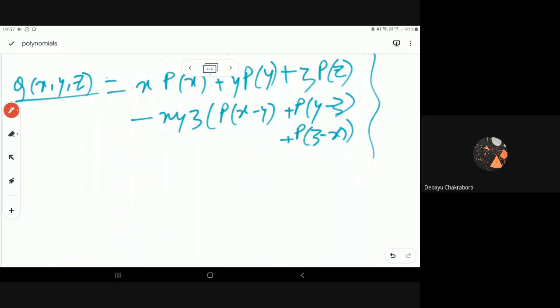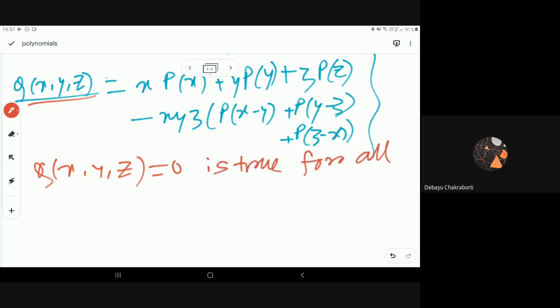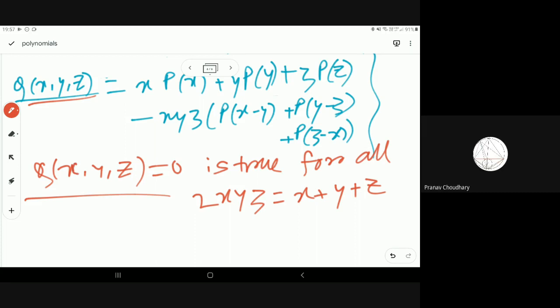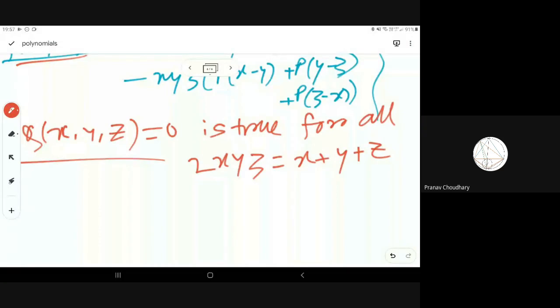So if you think about it, this polynomial equation Q(x, y, z) equals 0 is true whenever 2xyz equals x plus y plus z, right? So by continuity you can just say that it is always 0. Do you get the argument? Yes. Right. If anyone has doubts, please ask.